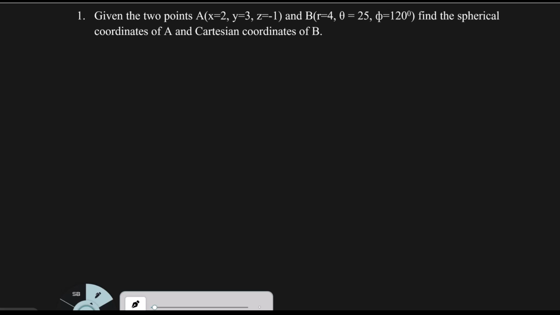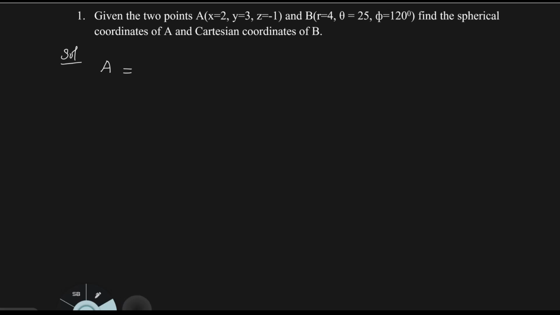Find the spherical coordinates of A and the Cartesian coordinates of B. From the question, they have given two points A and B. Point A is x equals 2, y equals 3, z equals minus 1.